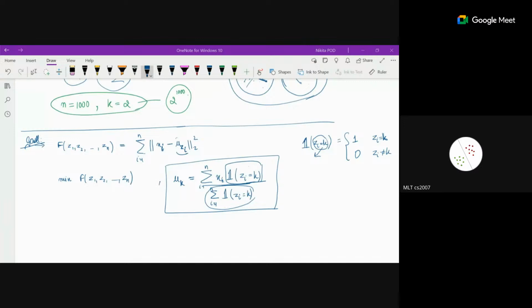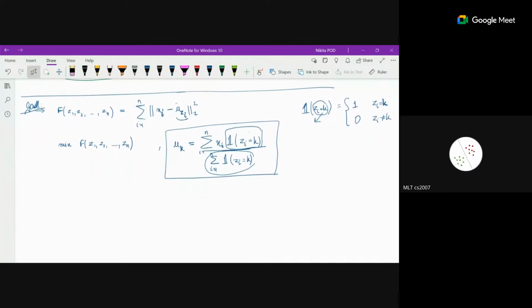So this is my objective. My objective is to minimize this f of zi's. Now the question is, how can we do this?